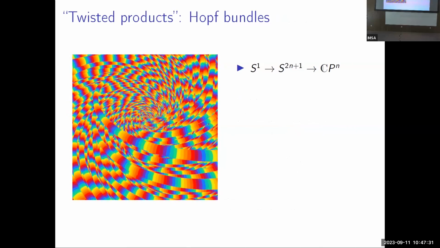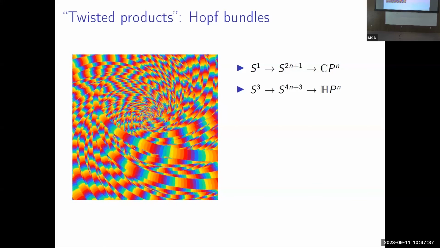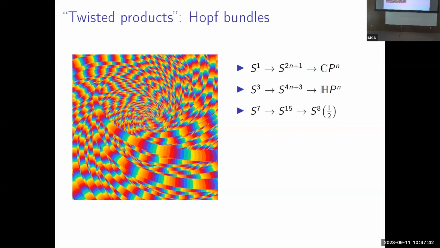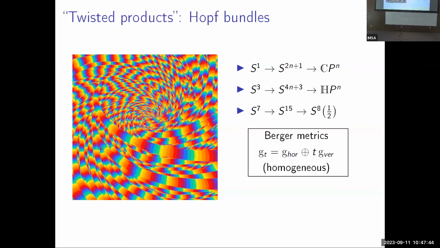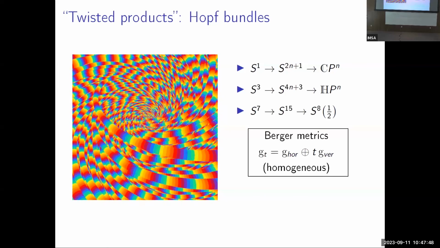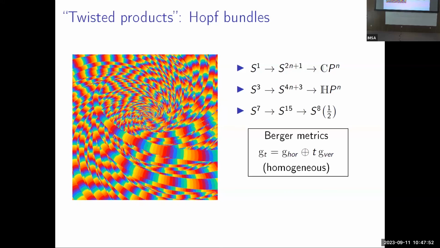And so you have the same thing for quaternionic projective spaces for this other Hopf fibration. And you have Berger metrics, where you take the horizontal metric on CP^n, on the spheres.